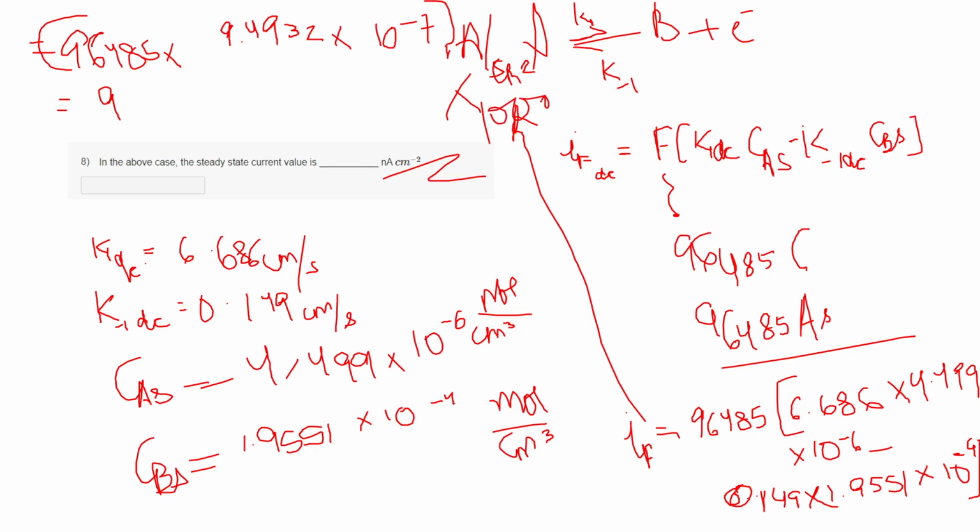Ampere per centimeter square into 10 to the power 3 will give you 91.59 milliamps per centimeter square. So that's the answer you'll get for this question. If they've asked it in nanoamps, then you can multiply again by another 10 to the power 6. So whatever you get will be in nanoamps per centimeter square.